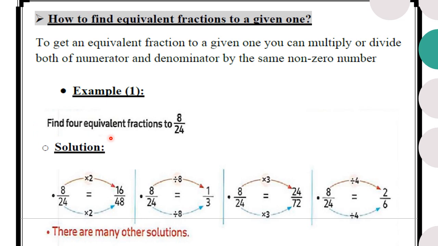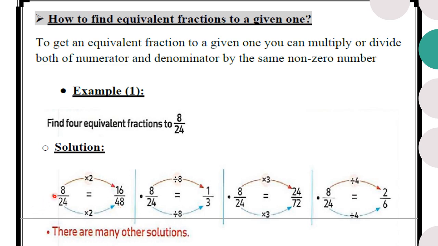Here, example 1. Find 4 equivalent fractions to 8 over 24. So we need to find 4 equivalent fractions. First, 8 over 24, when we make it times 2, 8 times 2 will be 16, and 24 times 2 will be 48.